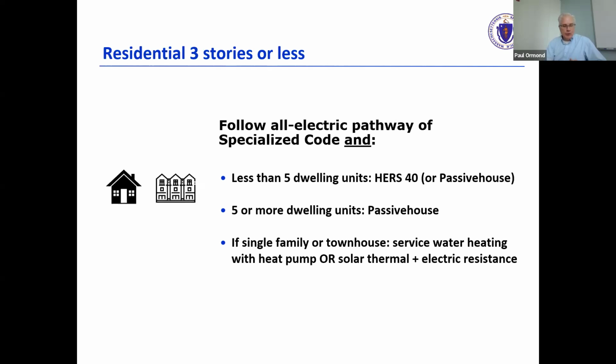If it was 5 or more dwelling units, it would be passive house. That's tied to Mass Save incentives. That's why we make that distinction there. And then in either case, if the building is a single family type building or a townhouse type building, it would have the additional requirement of having air source heat pump water heating or the solar thermal plus electric resistance. Next slide.